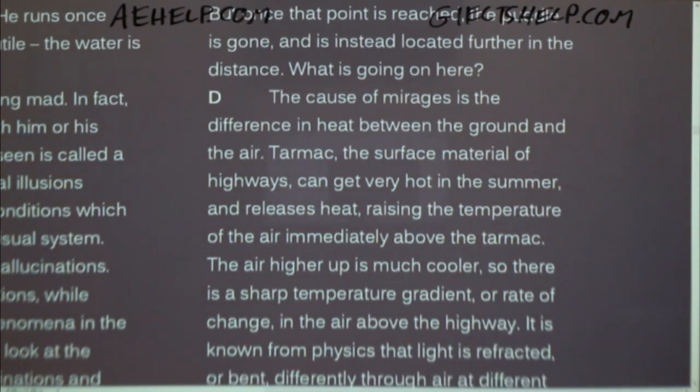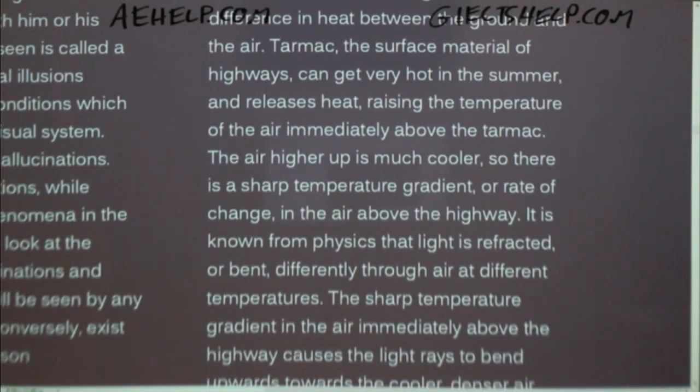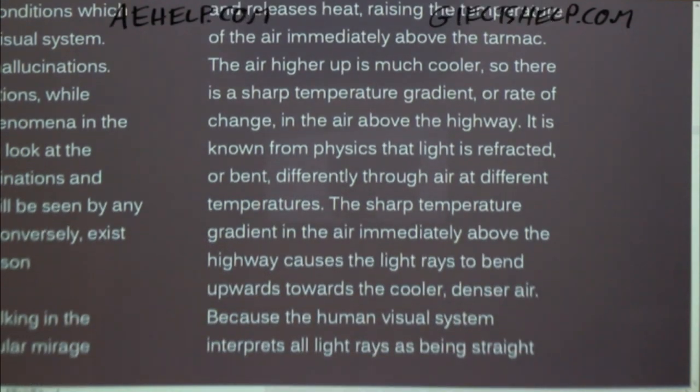The cause of mirages is the difference in heat between the ground and the air. Tarmac, the surface material of highways, can get very hot in the summer and releases heat, raising the temperature of the air immediately above the tarmac. The air higher up is much cooler, so there is a sharp temperature gradient, or rate of change, in the air above the highway.